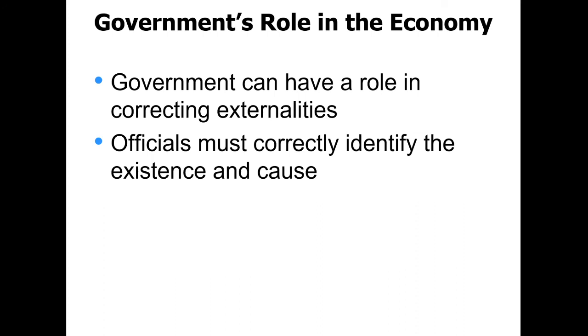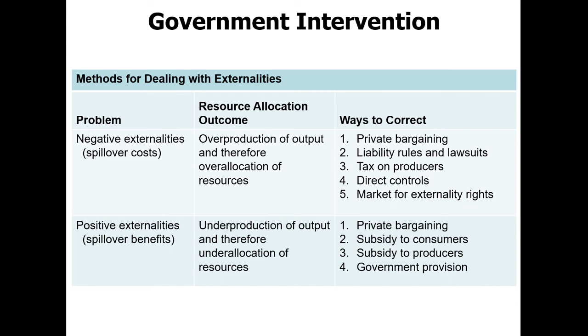All right, and just to give you an example, here are methods for dealing with externalities, right? We could do it through liability and lawsuits, tax on producers, direct control, private bargaining, market for externality rights.